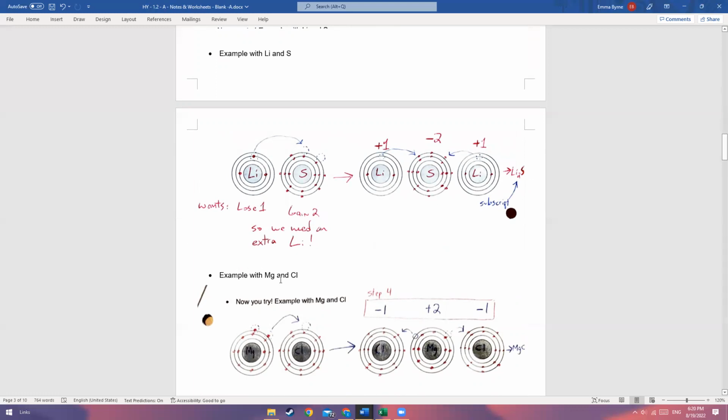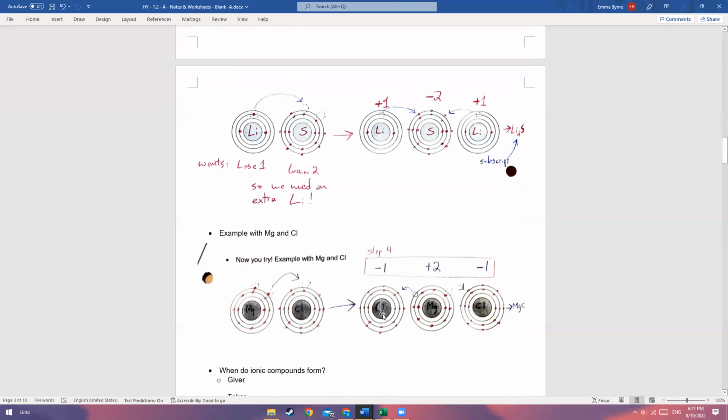So the extra valence electron will go to chlorine. And so it's essentially the same type of situation.